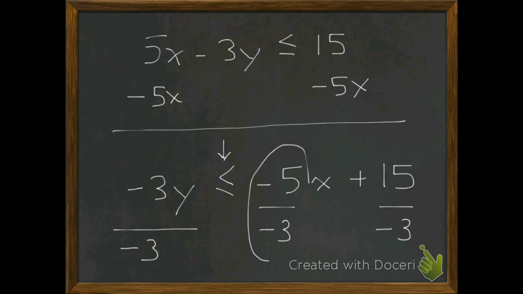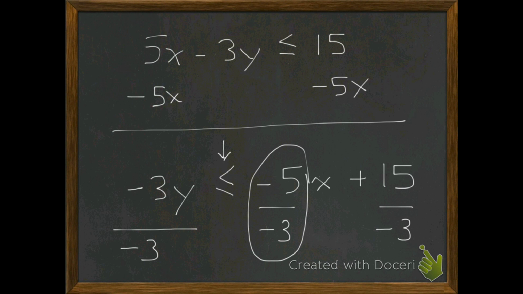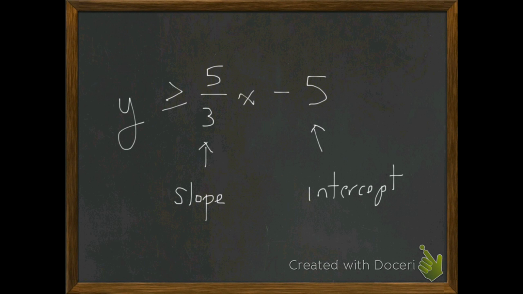This term right here, a negative divided by a negative is a positive. And 15 divided by negative 3 is negative 5. So guys, our slope is 5/3 and our intercept is negative 5.